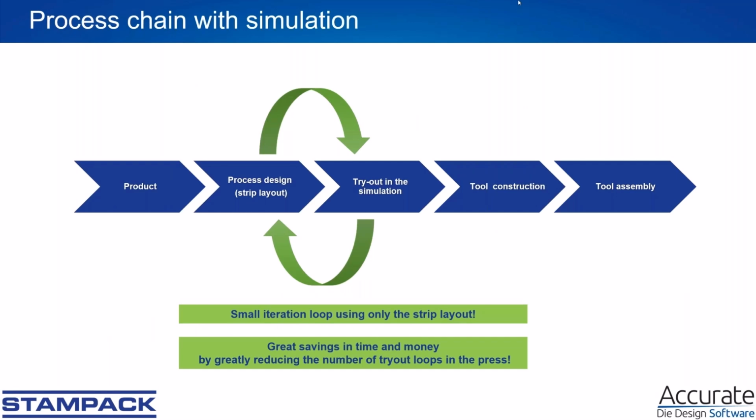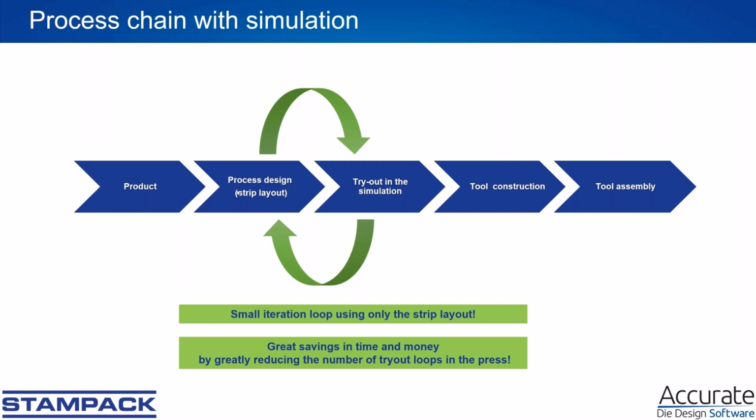So why do we need simulation software? To explain this, I want to show you the process chain in metal stamping when you have simulation software. Typically, you start with a product design, and based on the product design you have to make the process design, which in progressive dies is the strip layout. If you don't have simulation software, then in the end you have to make a tryout in steel. You have to construct a tryout tool, go to the shop floor, and perform a tryout.